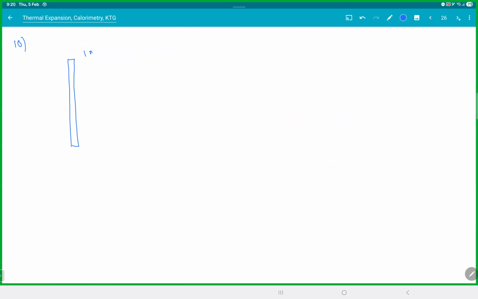You have a 1 meter steel scale. Coefficient of linear expansion is alpha steel. Then you have a 1 meter wooden stick. Alpha wood is 0, so we're assuming wood will not expand. Then we also have a 1 meter copper rod.